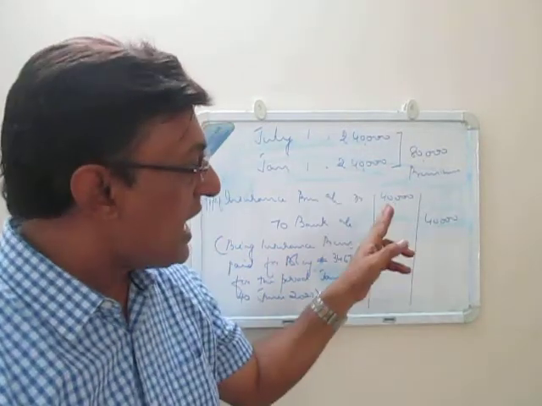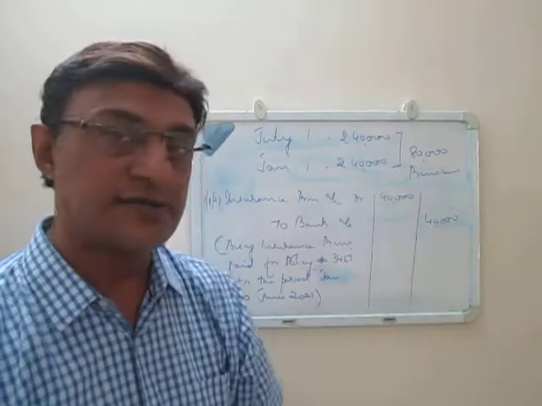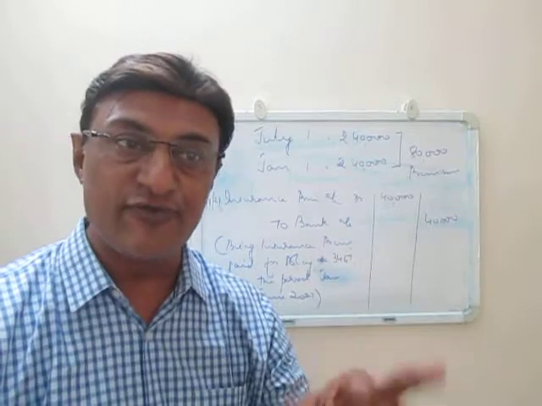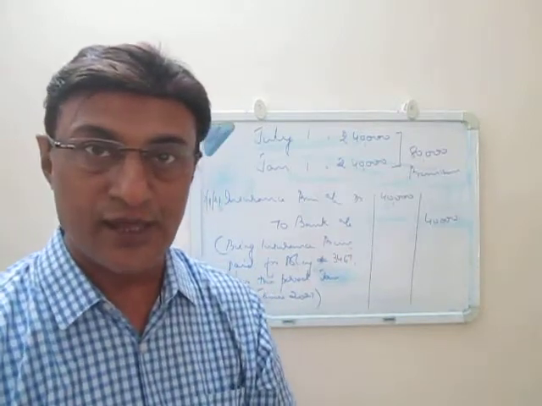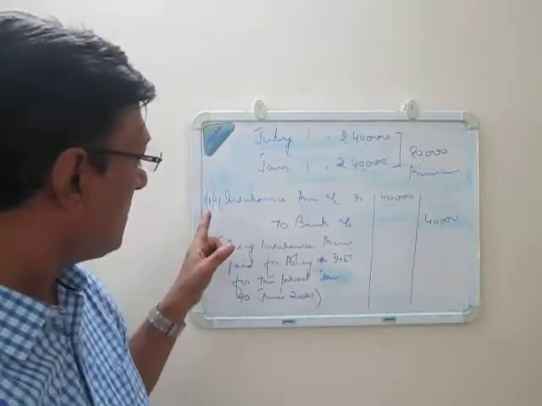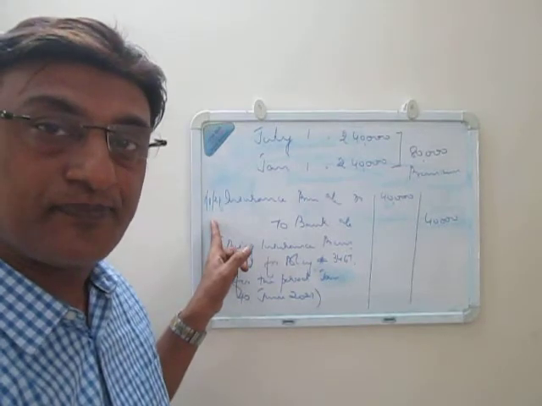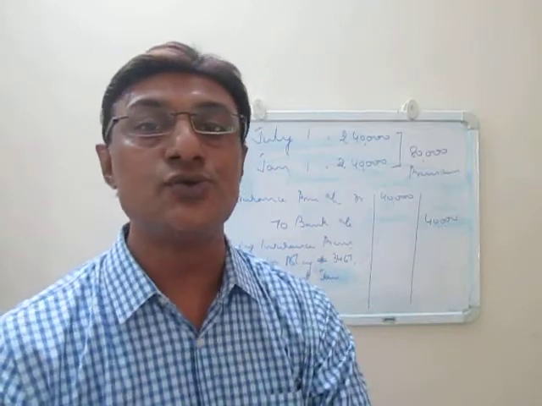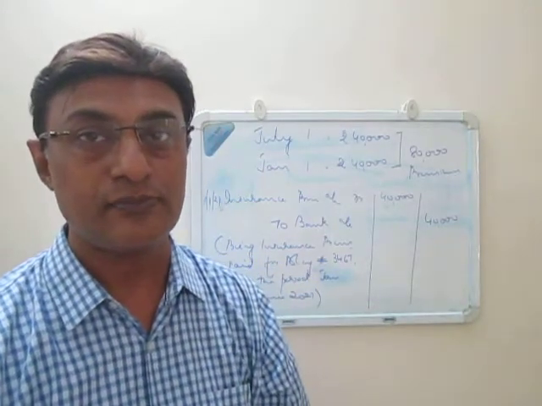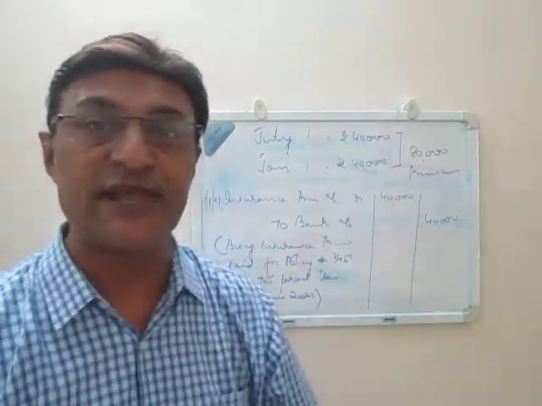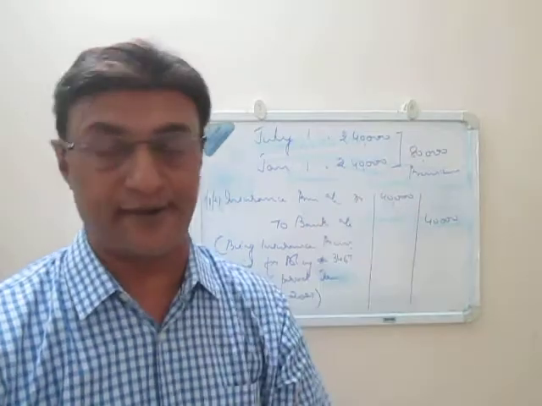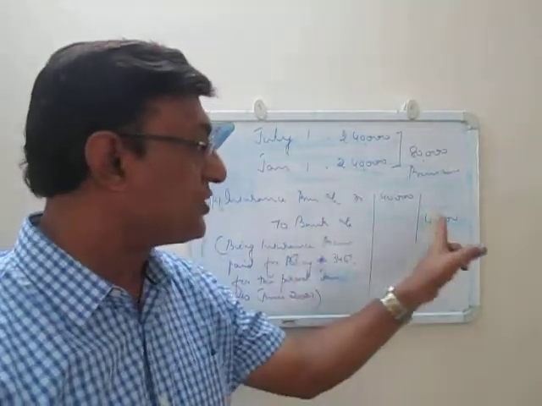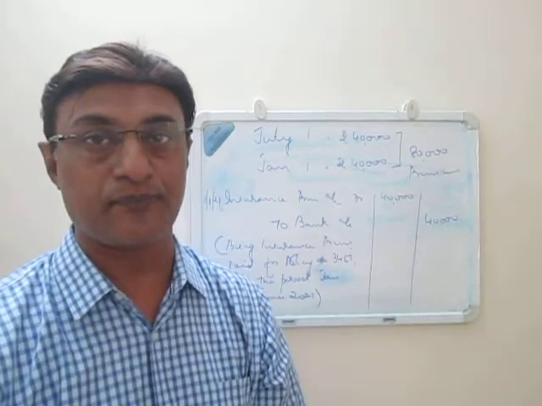In other words, out of this 40,000, let us say it is 20,000 for 3 months. 20,000 is for January to March, and 20,000 is for April to June. But the entire 40,000 has been debited to the insurance premium account, credited to the bank account.